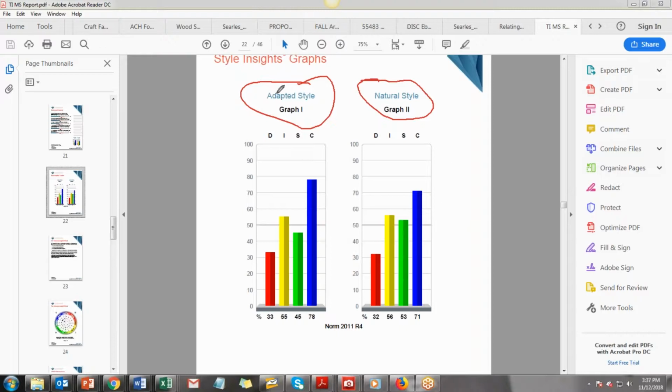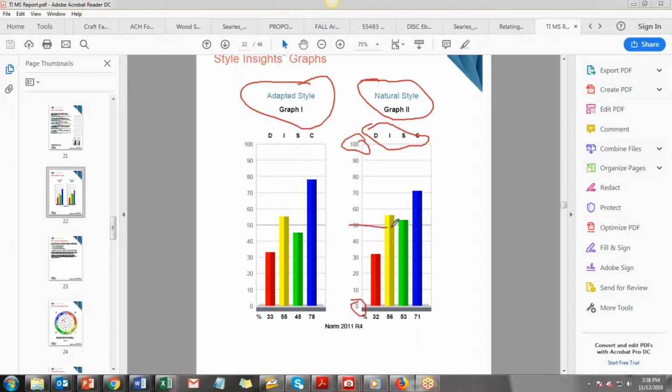But for people who are direct reports or may work for you, their adaptive graph could be totally different than their natural graph. So let me just quickly review here. This is the DISC, the problems, the people, the PACE procedures. As we said earlier, 100 is right here, 0's here.